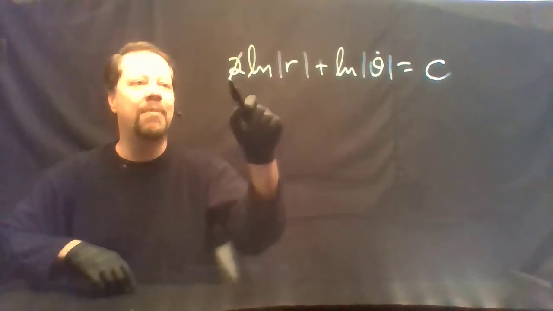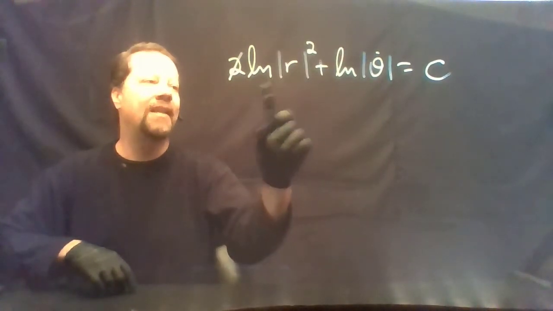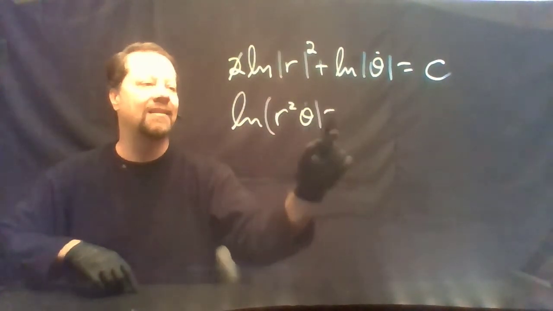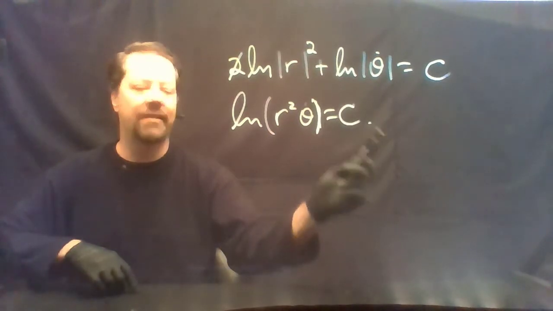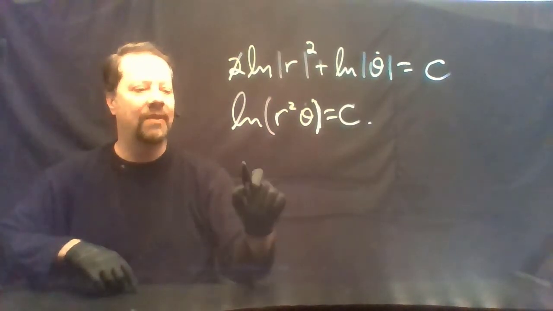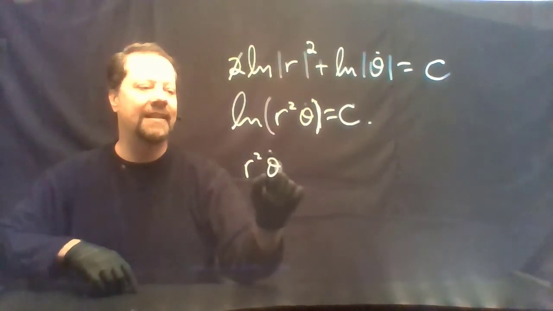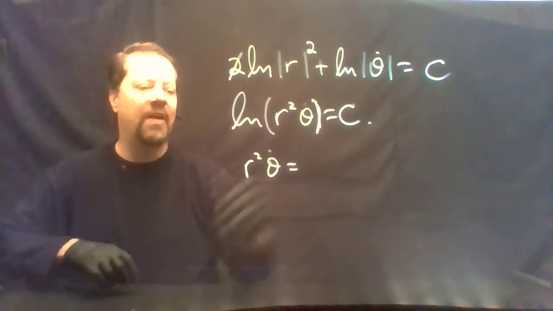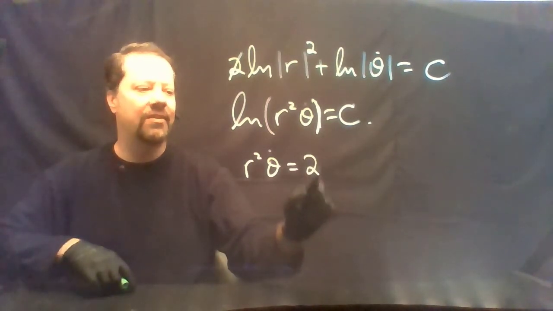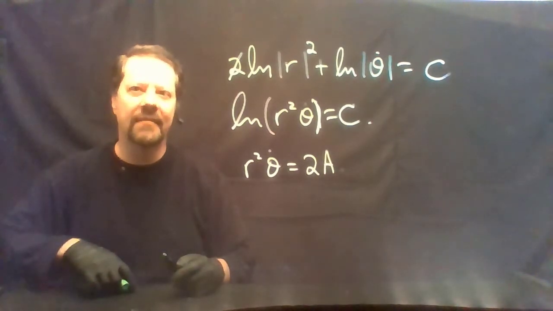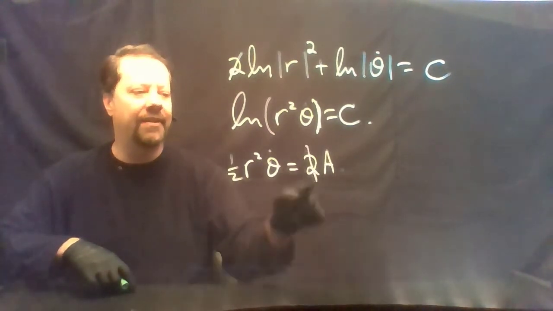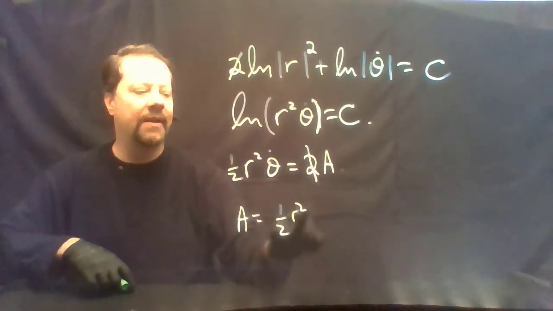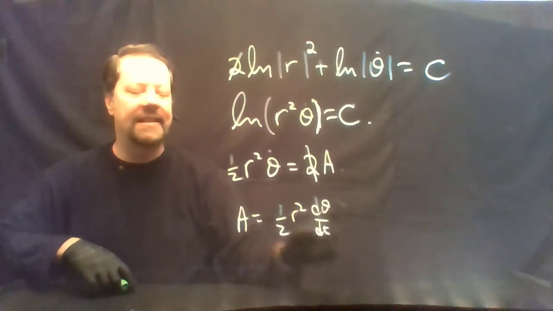We can now use a property of logs to bring the square up, and then combine the two logs as the log of r squared theta dot equals some constant of integration, and exponentiating, we'll have r squared theta dot equals some other constant of integration. I'm going to express that constant as 2a. I'll multiply by 1/2 to get rid of the 2 here. And we'll have a is 1/2 r squared d theta dt.